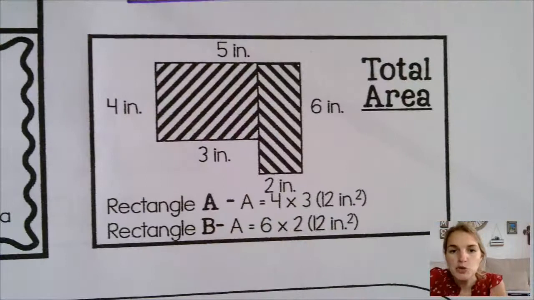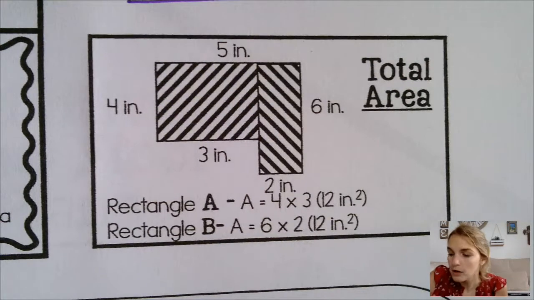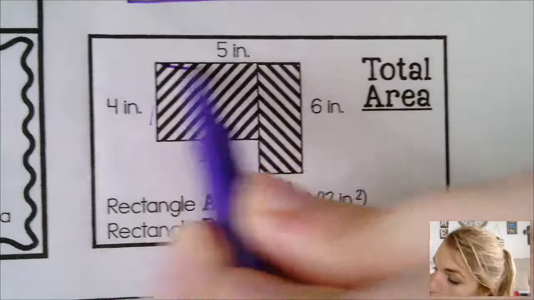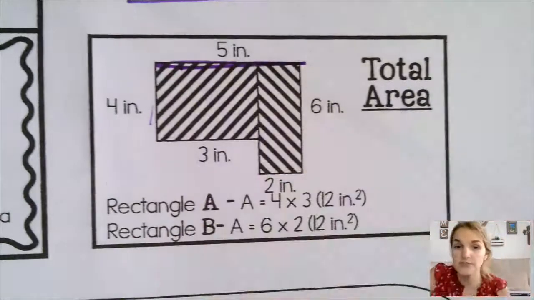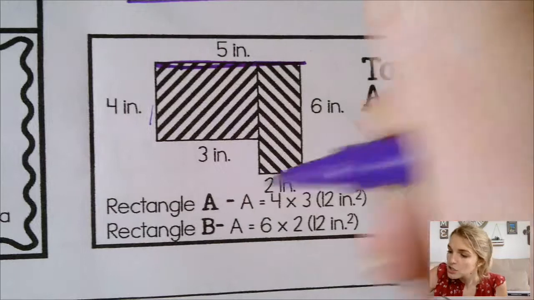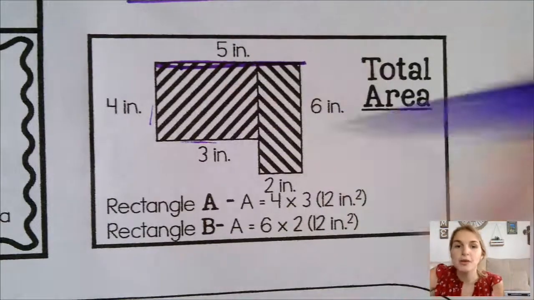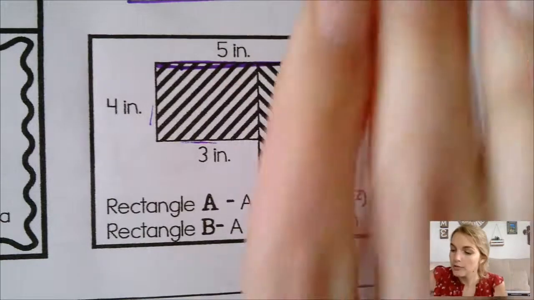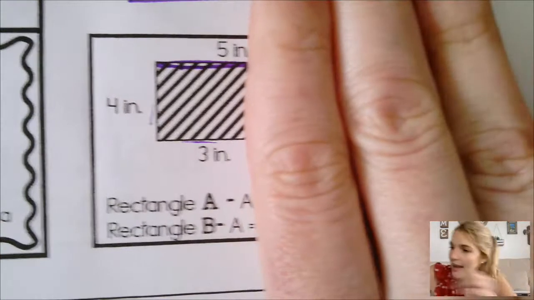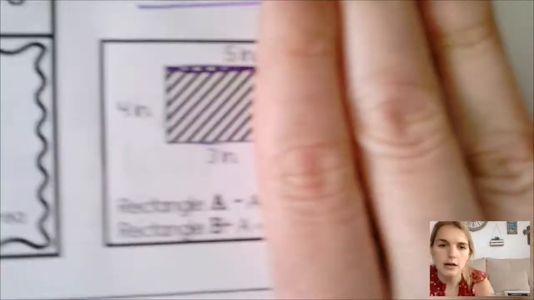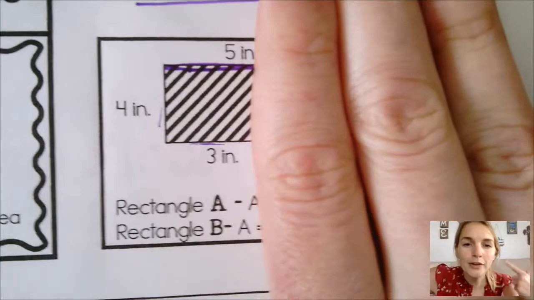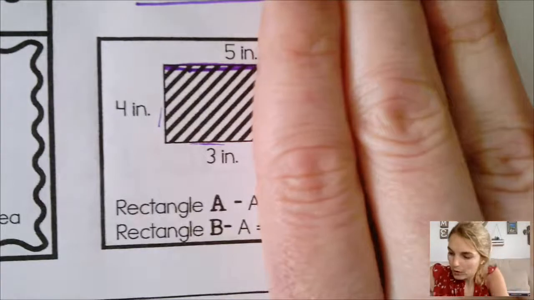So before we can do that, let's analyze what we see here. We see that this side is 4 inches. This whole thing here is 5 inches. This side's 6 inches, 2 inches, and we have 3 inches here. So let's cover up, like I said before, the second rectangle. And I have 3 numbers I can see here. And remember, area is only length times width, so I only need 2 numbers to look at.